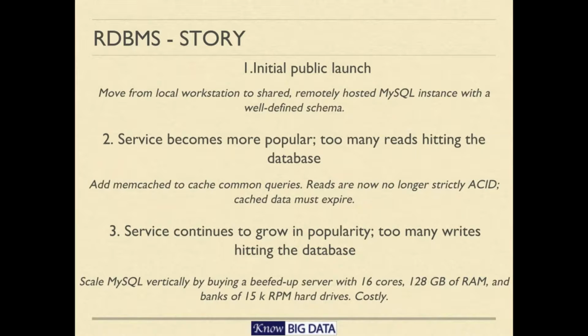Now, in couple of days, what happens is your service starts becoming popular, and next thing you know, there are too many reads hitting the database. Not a big problem. We have seen this kind of scenarios quite often. So what we do is we put a caching server.